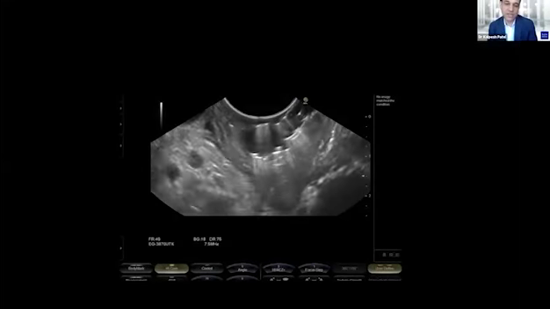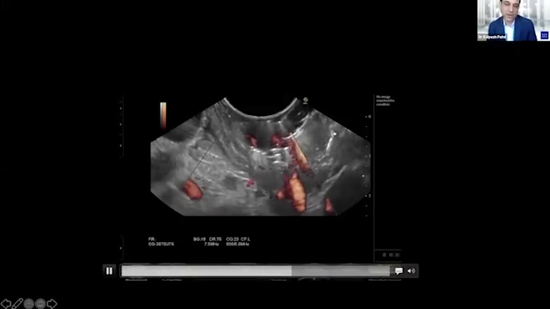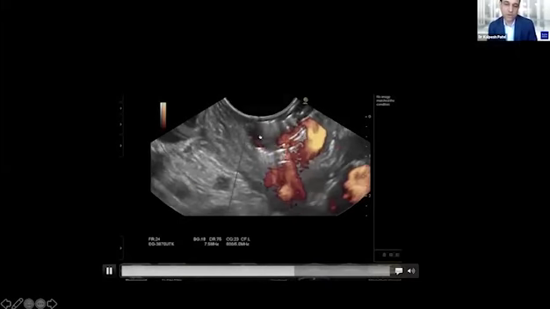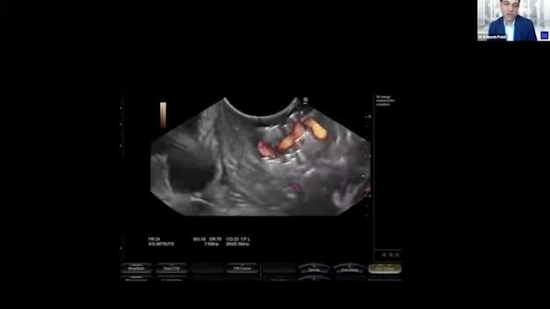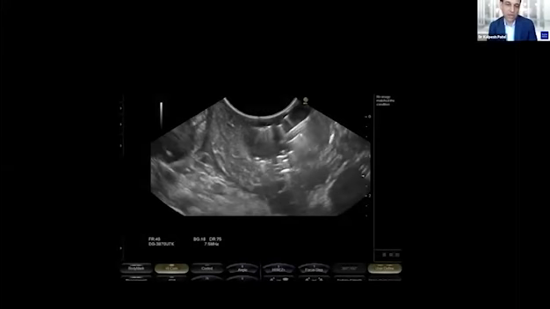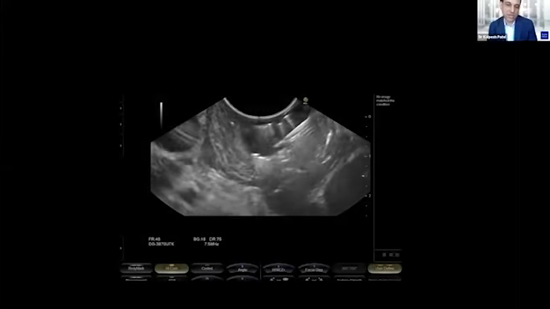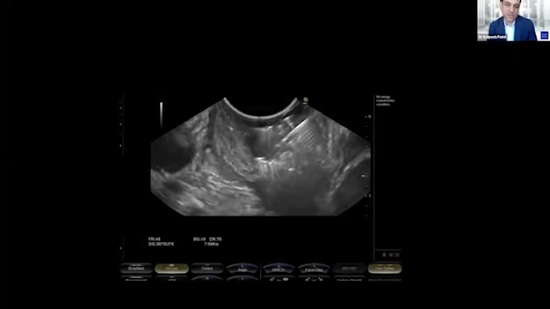Here you can see the image after multiple coils have been placed, this typical shadowing that we see. A little bit of residual flow between the spaces of the coils, and this is what will get resolved with cyanoacrylate injection, which we're going to see here, filling in the spaces.